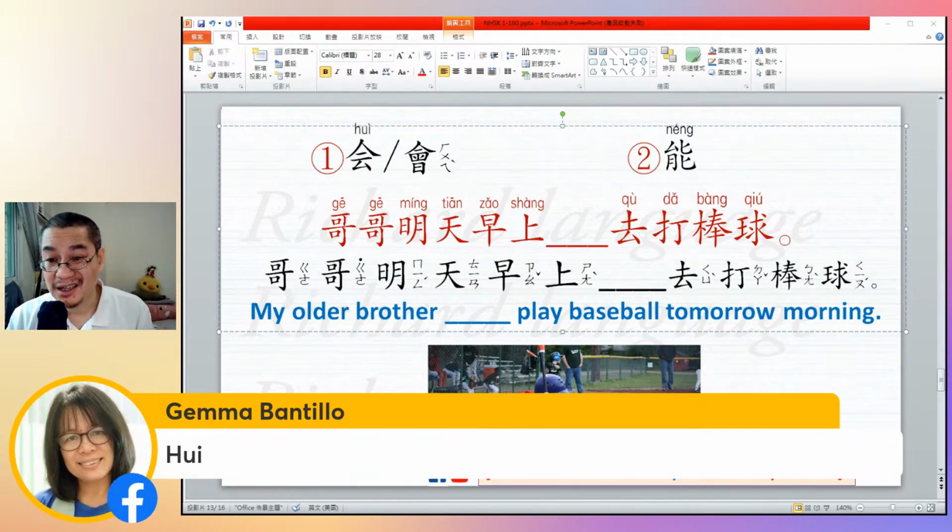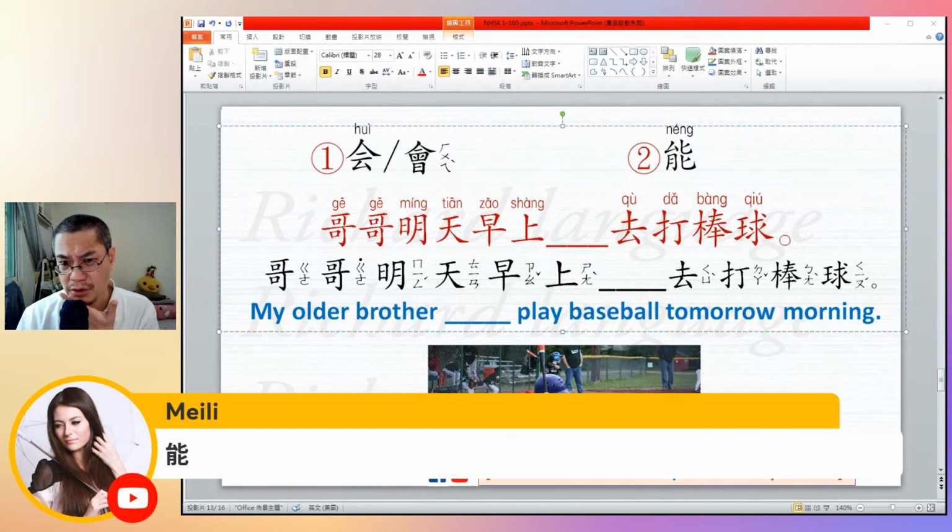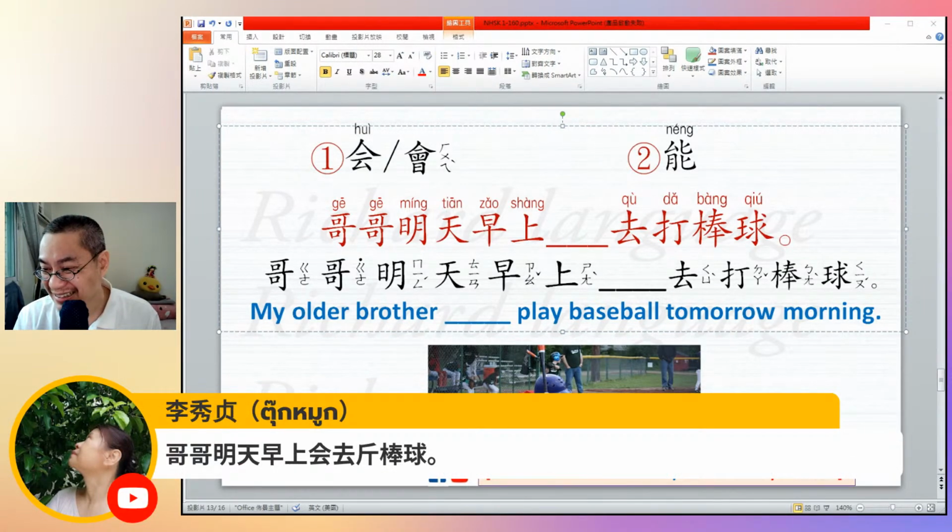哥哥明天早上会去打棒球。Okay, here we have a very important clue, and that is 明天早上 tomorrow morning. So that's a future tense.